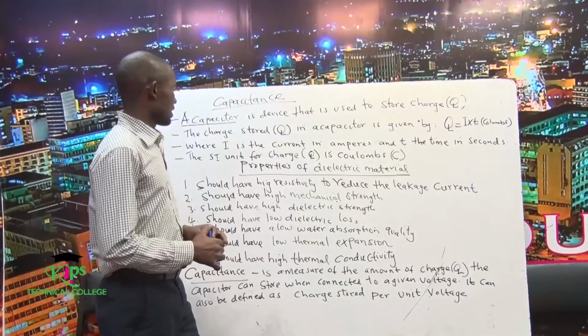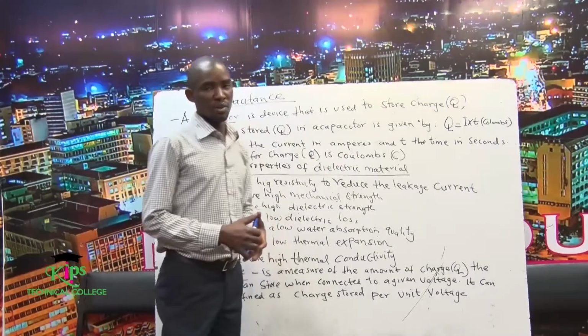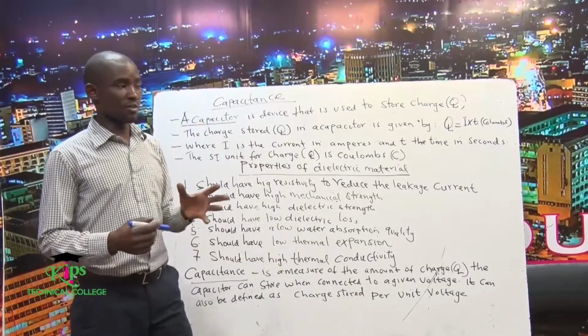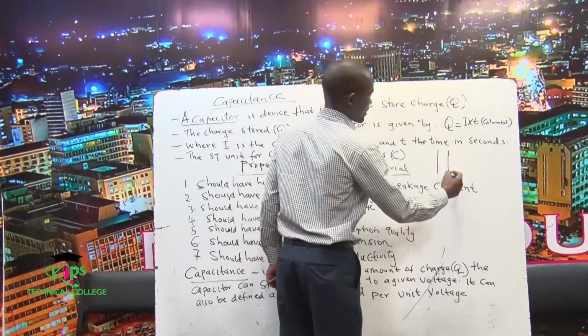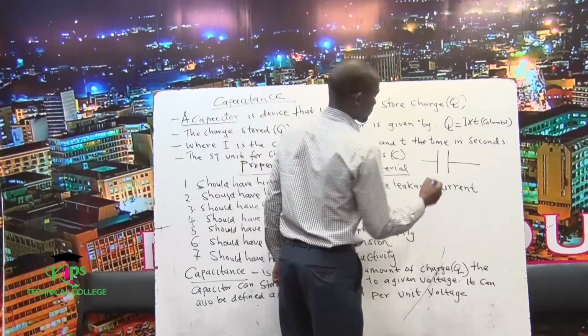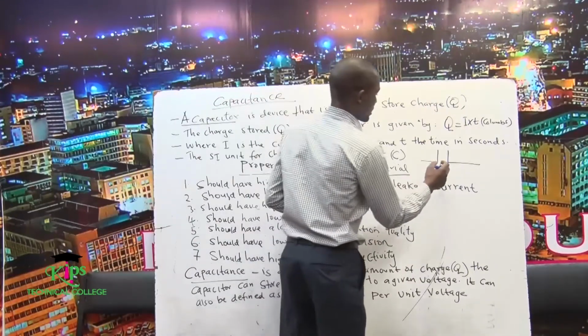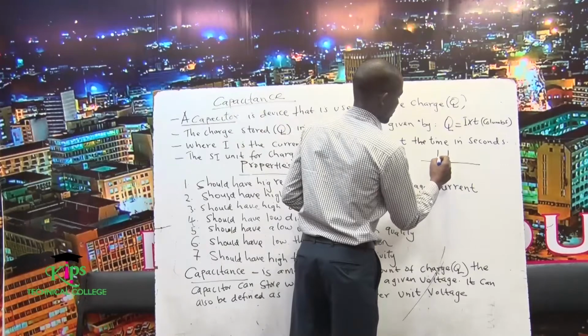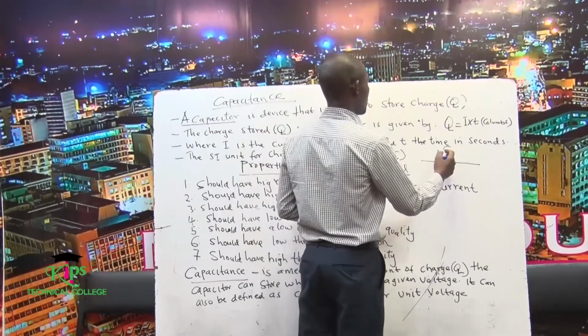Having said that, we now want to look at the properties of a dielectric material. What is a dielectric material? First of all, you need to understand a capacitor is a device which has two plates that are separated by a given material.